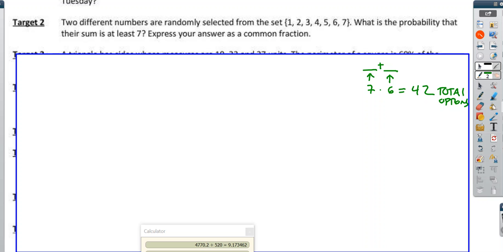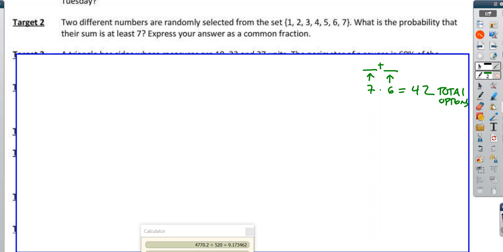There are two ways that I can do this. Either I can figure out how many combinations are going to be less than 7, or I can figure out how many combinations will be 7 or more. Either way will work. It would be a little bit faster in this case to go for the ones that are less than 7, but that's not what I did, so I'll show you what I did.